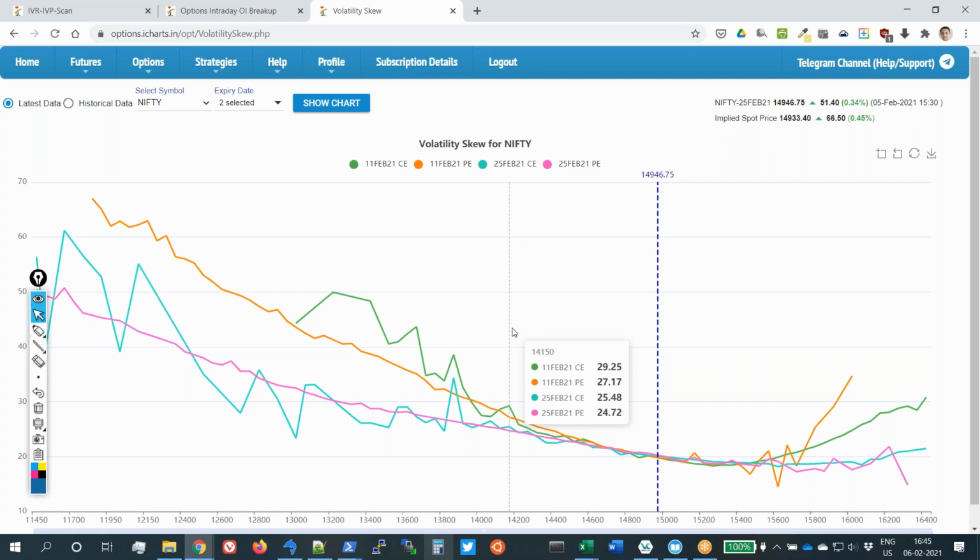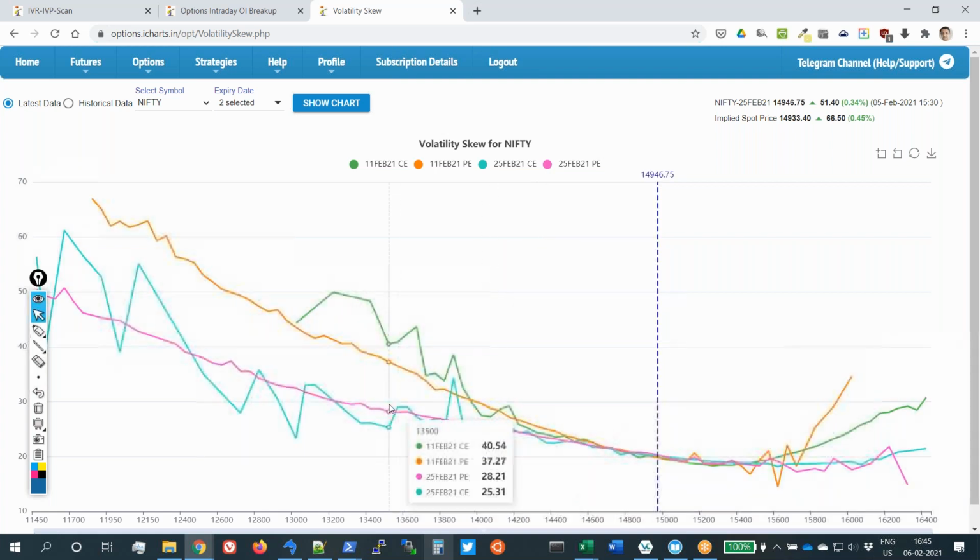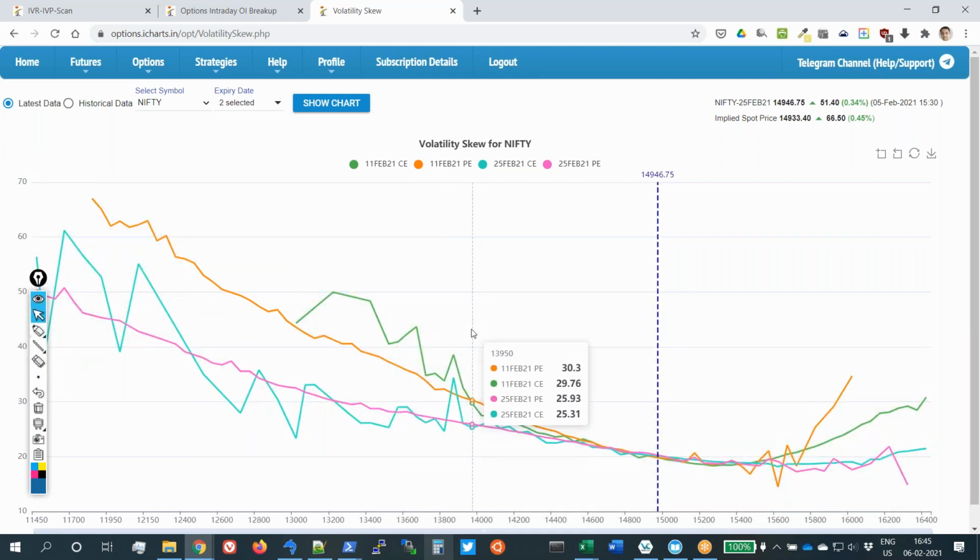Probably I'll get someone, a top trader who actually suggested this tool, and I'll try to get a few examples from him and then share. But basically, that's the basic idea. You try to position yourself. You see where higher volatilities are, and then you short those options, and where lower volatilities are, you buy those options because they tend to be inexpensive.